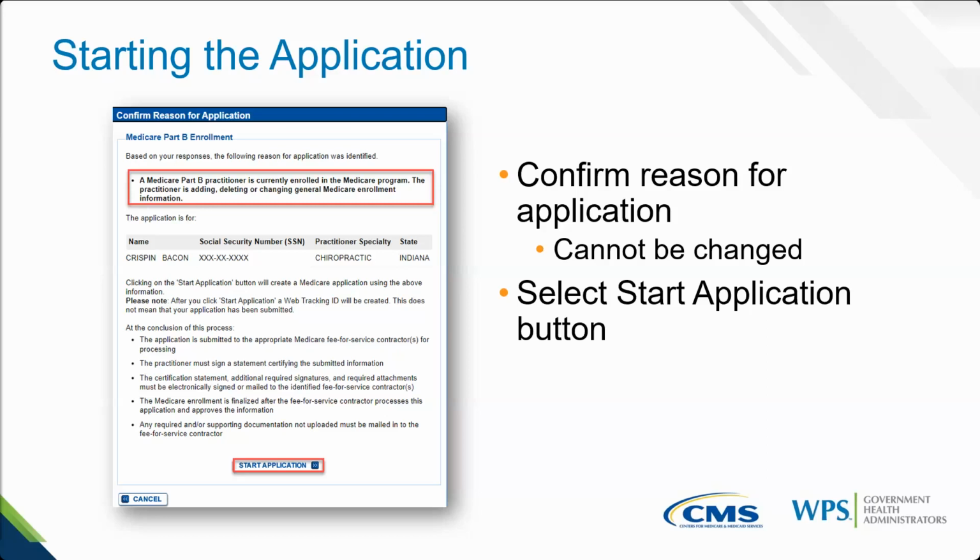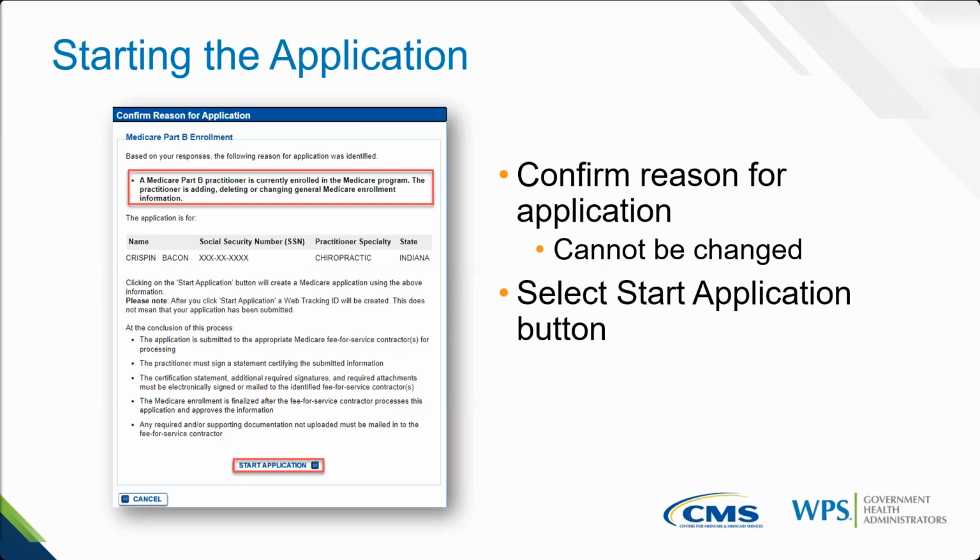So what you see highlighted at the top, it's saying based on your responses to the questionnaires that we just talked about, you have told PECOS that the practitioner is currently enrolled in Medicare and the practitioner is adding, deleting, or changing general Medicare enrollment information. If it's in option 2, that is generally what it's going to come up with. If you select reassignments, it will take you down some other questions, and the wording will change on this to talk about the reassignments.